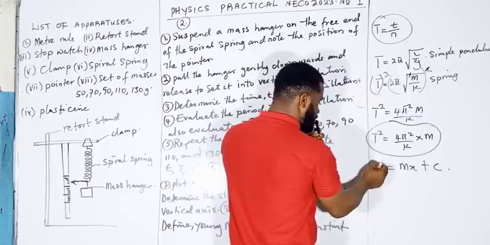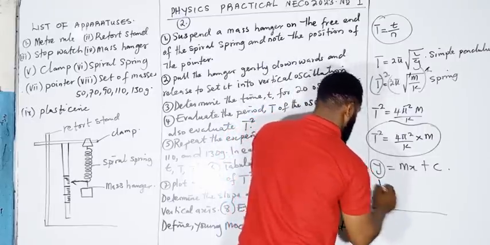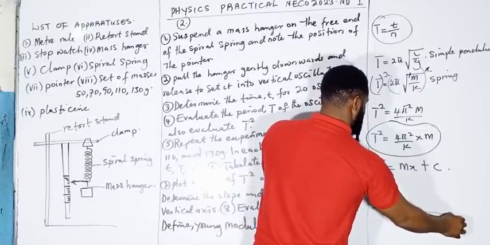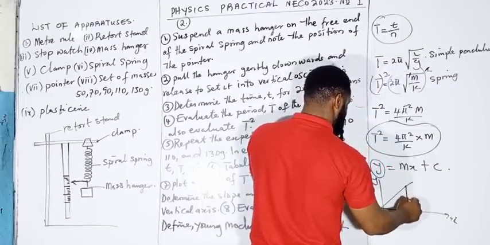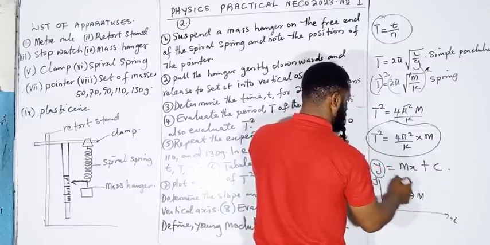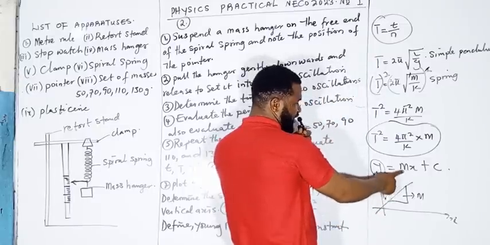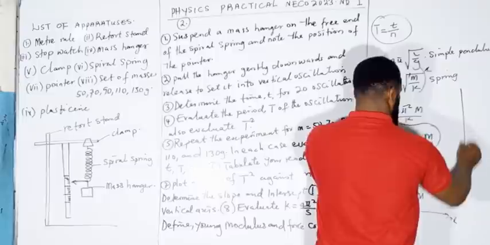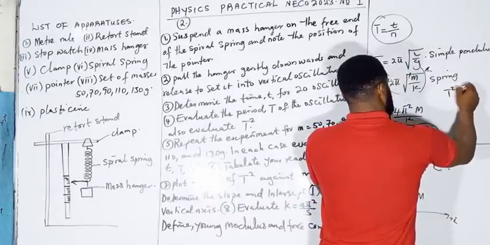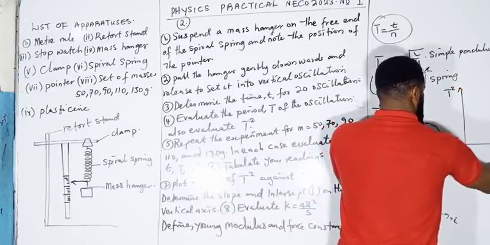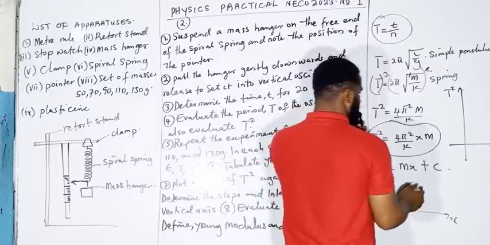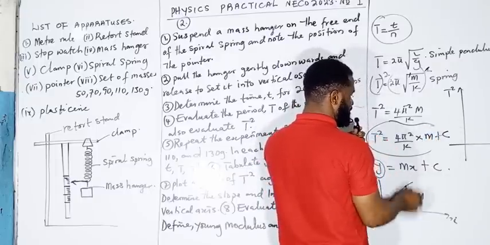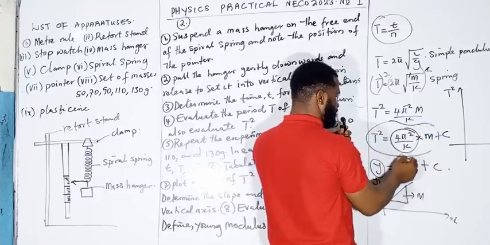This y is the vertical axis and x is the horizontal axis. The slope is the gradient, given as m. So if I compare this, I'm going to plot a graph of T square, with m on the horizontal axis. Then I don't have any constant, but the constant can take any value, which is c. You realize that this value corresponds to m.